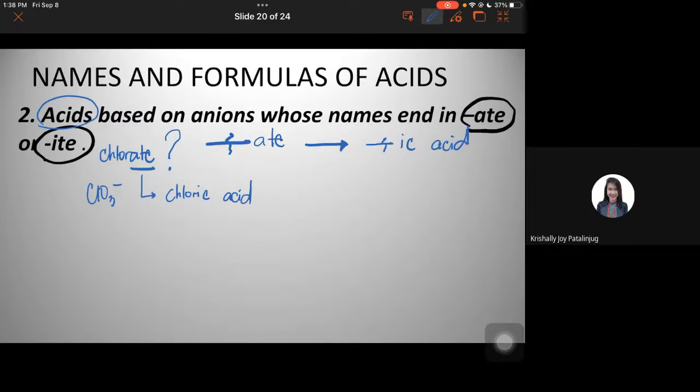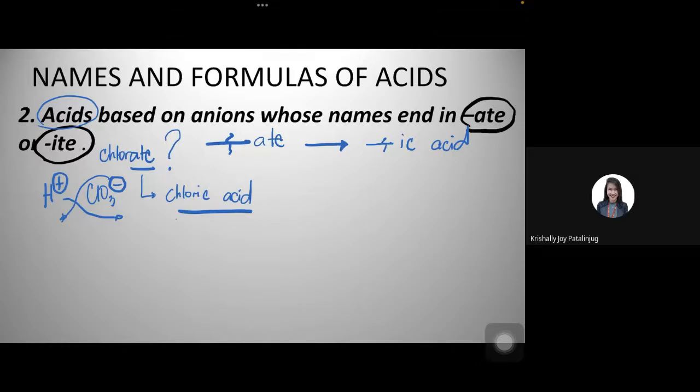Now, your turn. What would be the chemical formula of chloric acid? You just have to add H plus, which serves as the cation, followed by the anion. So that would be HClO3. That's chloric acid.